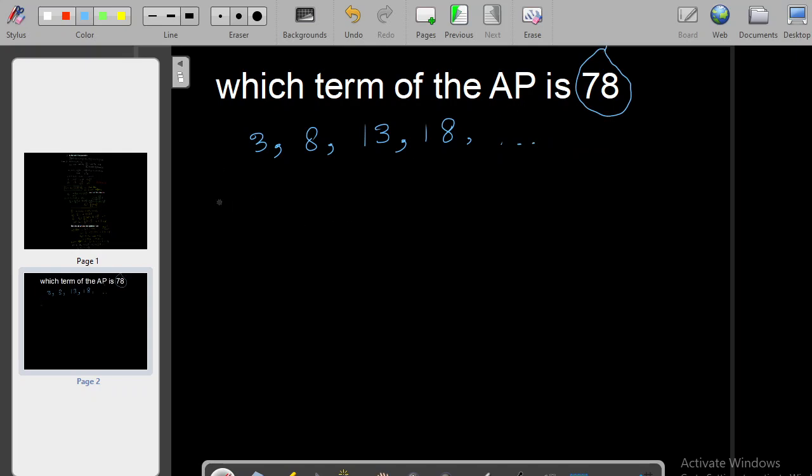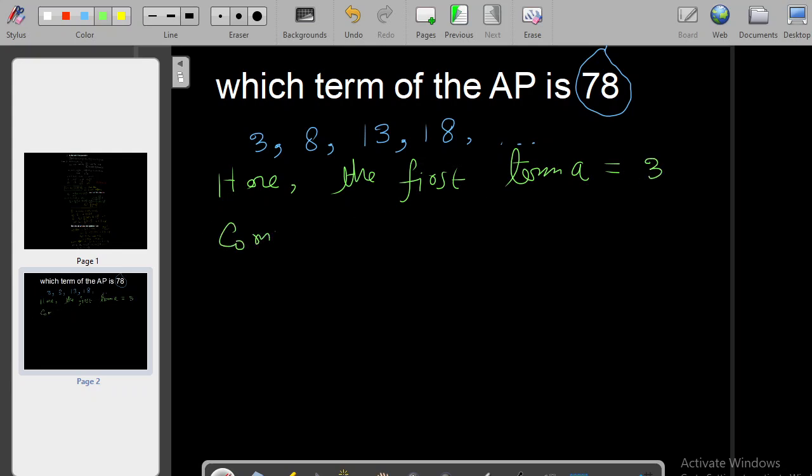As you can see here, the first term A is nothing but 3. Now, in order to find the common difference D, we have to subtract the previous term from any term.